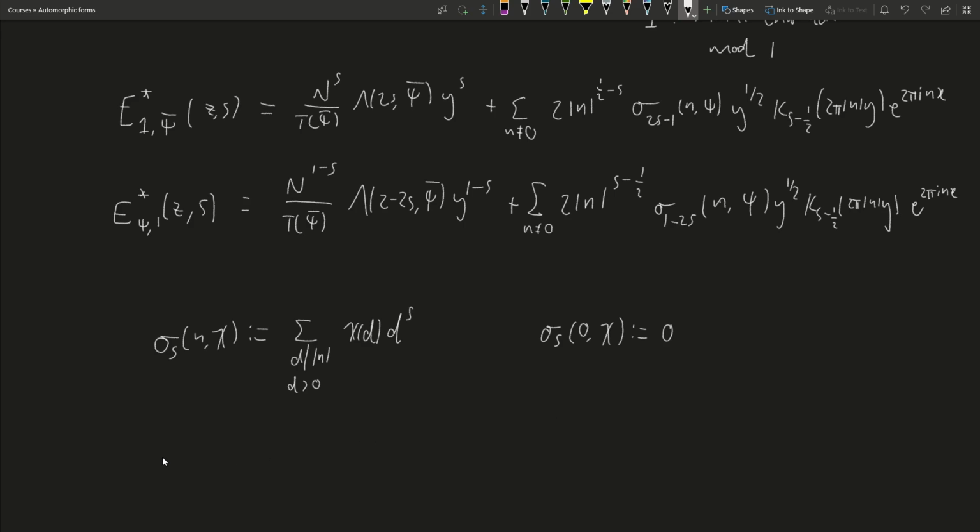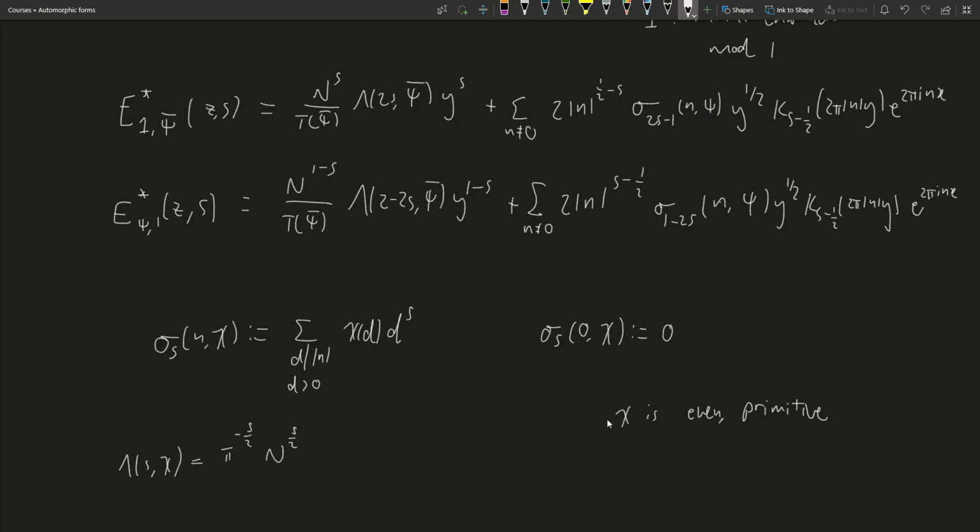And the other thing I needed to define was this completed L function. So this is going to be lambda of s, chi, is pi to the minus s over 2, n to the s over 2, where n here is the conductor. So here I'm also going to assume chi is even and primitive.